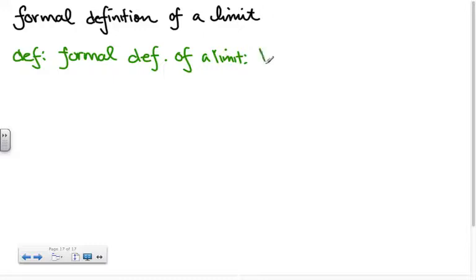It says for every. This is the symbol upside down, A, which means for every, as you recall from last lecture.